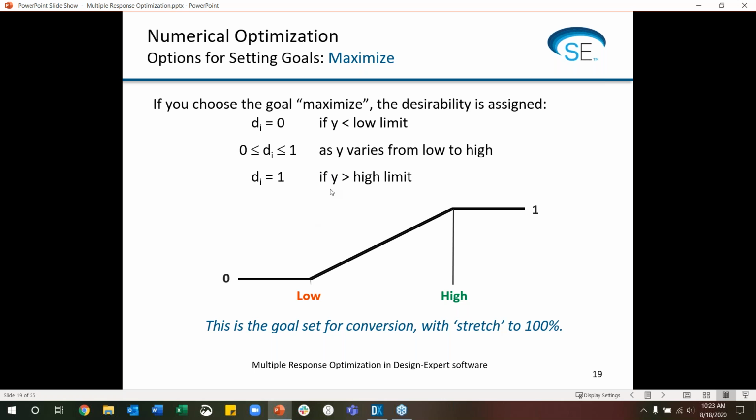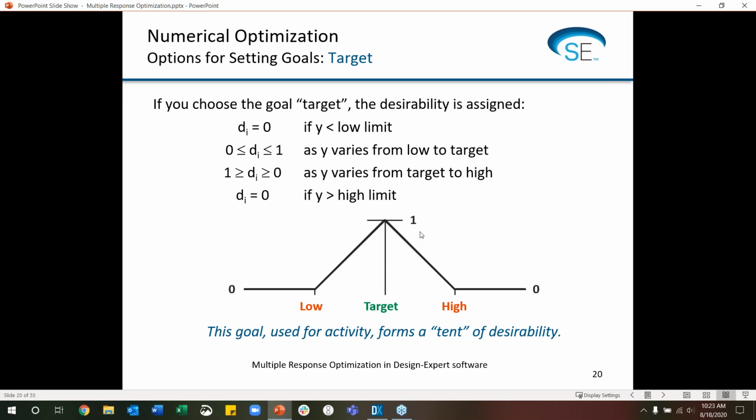If the response ends up being above the high limit, then the desirability is 1, equally anywhere beyond the high limit. Even though you set the goal of maximize, when you define the high limit, you're just saying everything is equally good above that high limit. Then desirability ramps from 0 to 1 in a linear manner by default as we go from the low to the high limit.